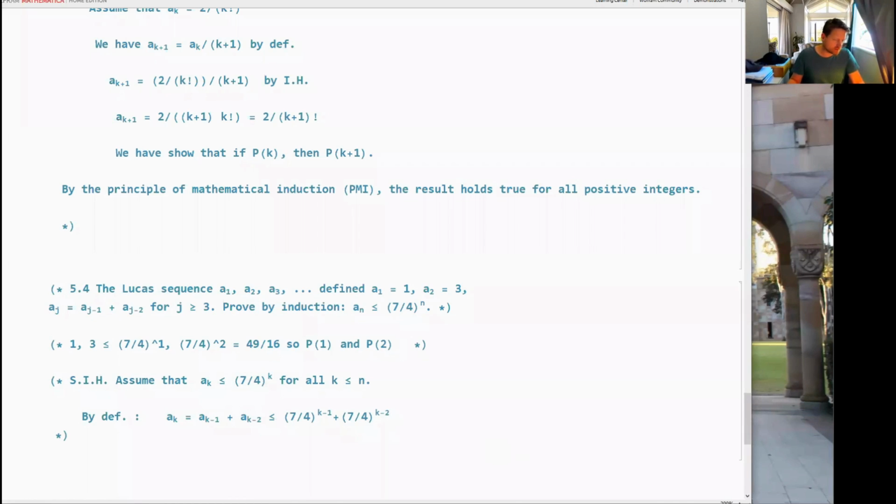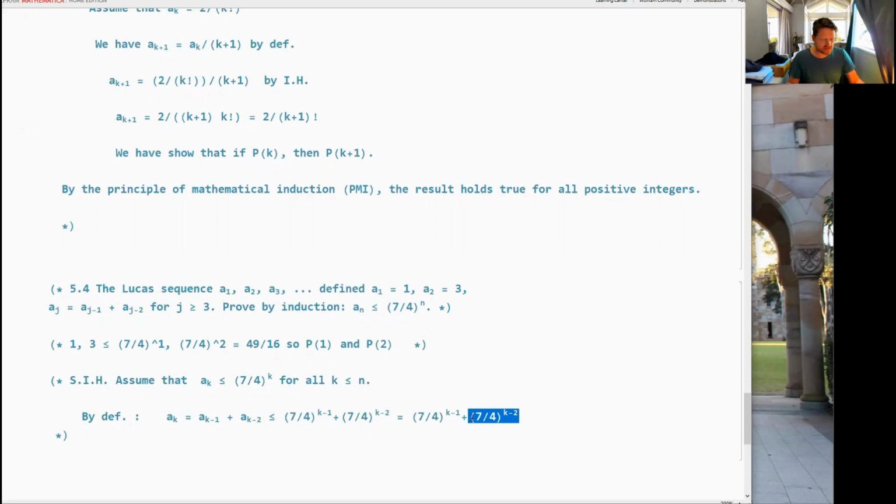All right, good. Okay, now we've got to show that this is less than 7 over 4 to the power of k. And now all we have to do is do some factorization. So we can factor this one out of both terms of this sum. Actually, you know what?